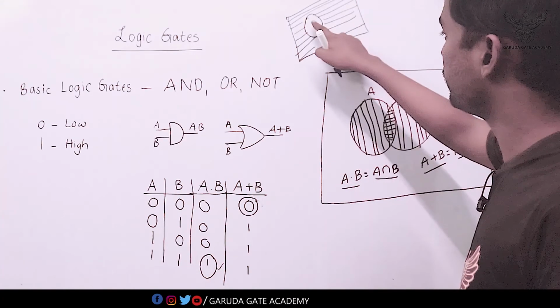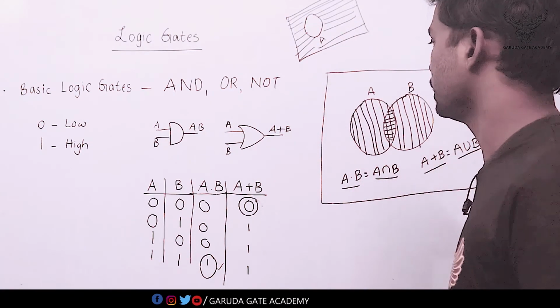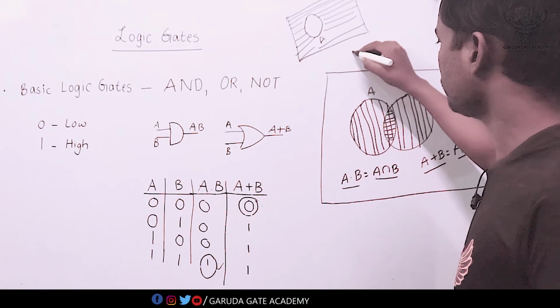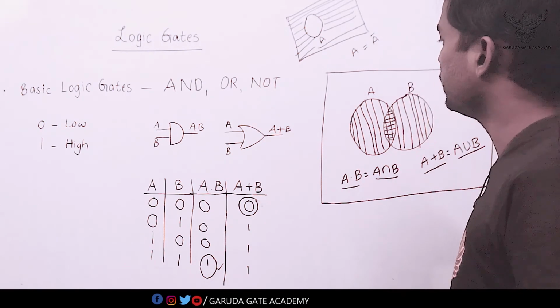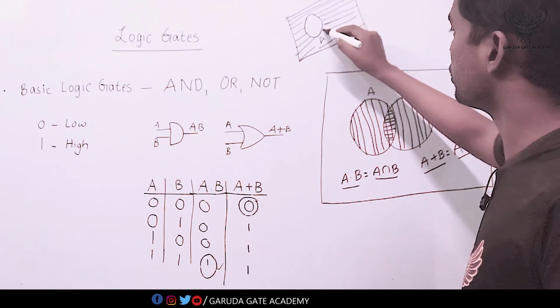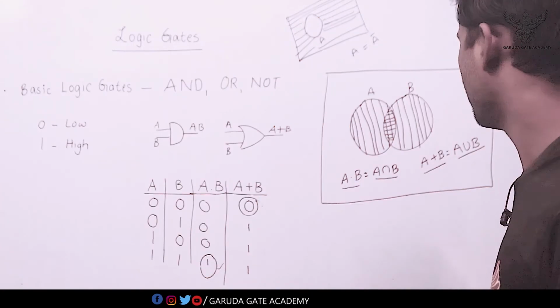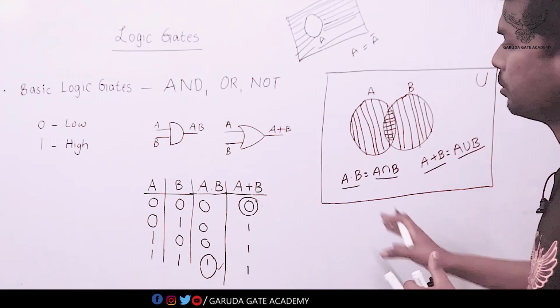That means the NOT gate will be everything except A, I mean outside A, because in the NOT gate, if you give A, it will give A complement. That is why we are shading the outside region of A. So this is regarding the Venn diagram representation of these gates.